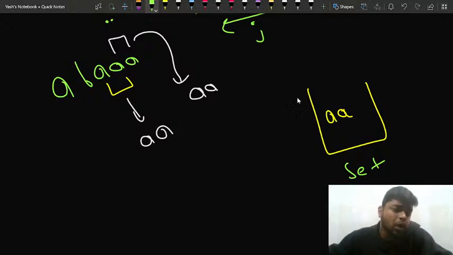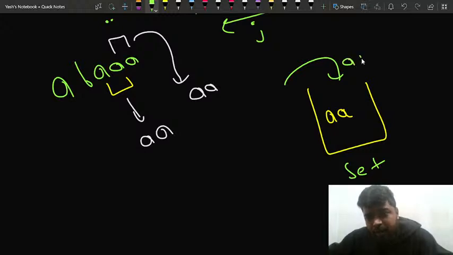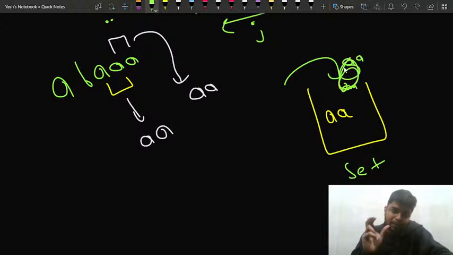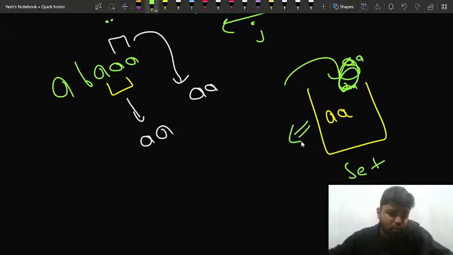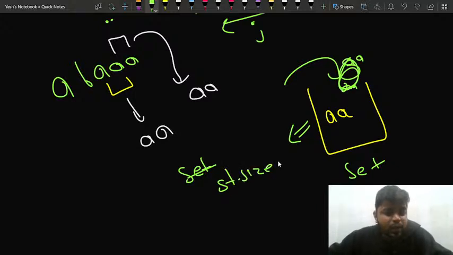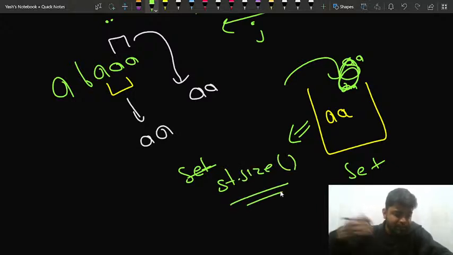Since you want to return all the unique substrings, as many times as you insert a, it will still be present there for one time only, right? So all the unique substrings that are palindromic would be present. In the end you just return set.size, or st.size, and that would be the number of substrings, right?